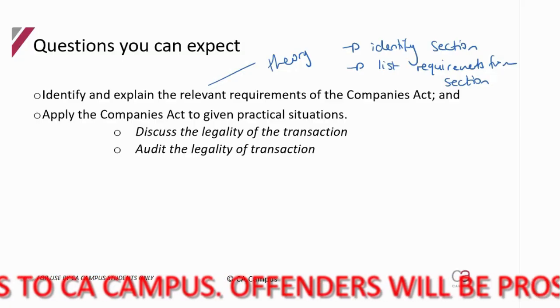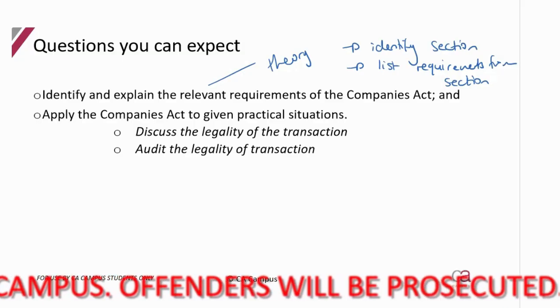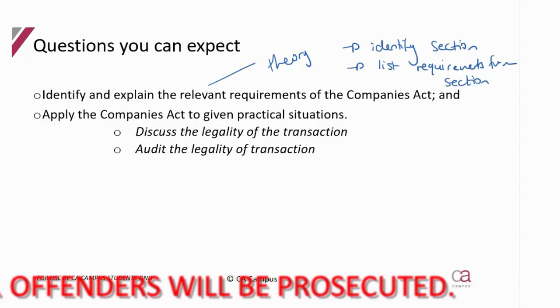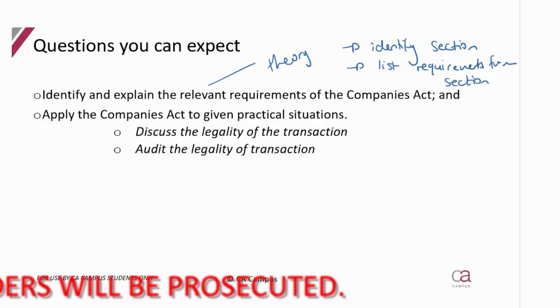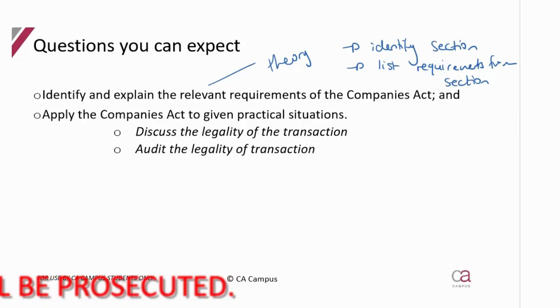And if necessary, explain why that requirement is there. But it's very theoretical, and it's very unlikely that you will get that type of question at a CTA level, because you've got your Act with you. So you can open it and just write it down.